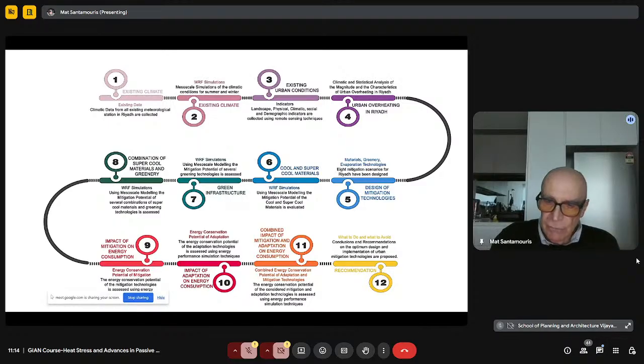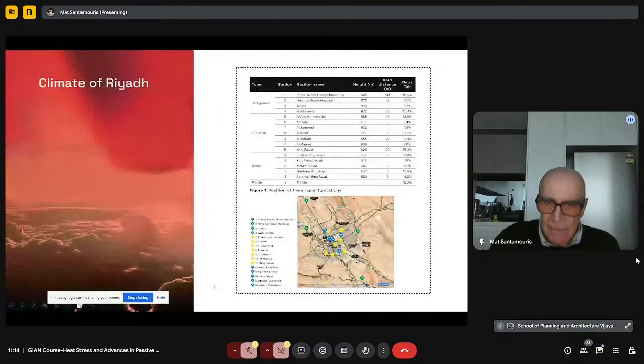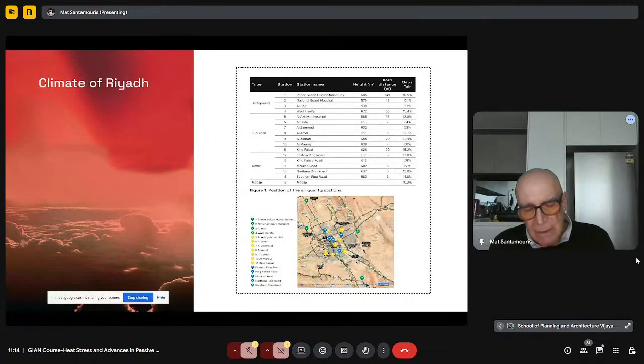So I would like to move to the next slide, and start presenting you the different steps that I have shown you before. And the very first one was the analysis of the climatic data.